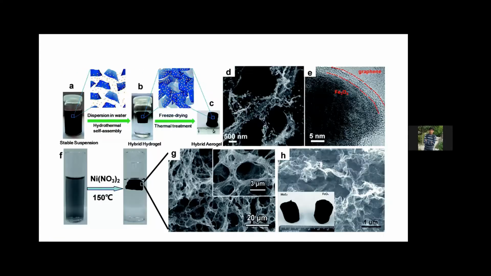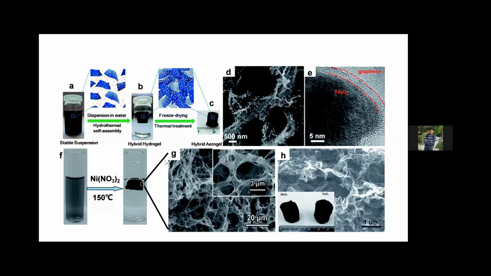Another example for the freeze dryer is also graphene. Generally, the freeze dryer is used for getting a porous or sponge-like structure that has higher pores, and it also improves the surface area, because overall it shows a high surface area.